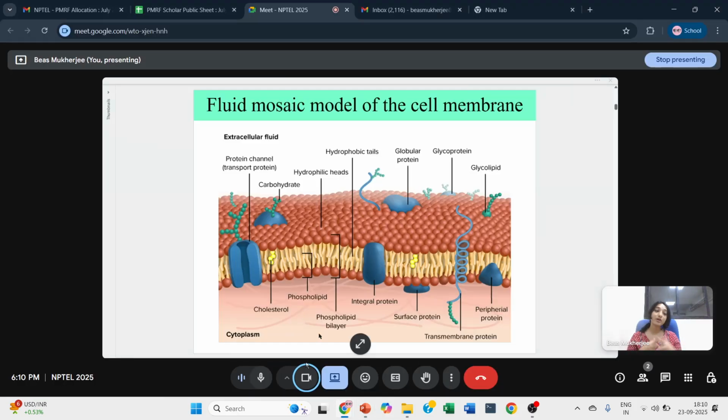Now, if you recall the fluid mosaic model about which you had learned back in school, then you will remember that there is this phospholipid bilayer, and the lipids are made up of a hydrophobic tail and a hydrophilic head.